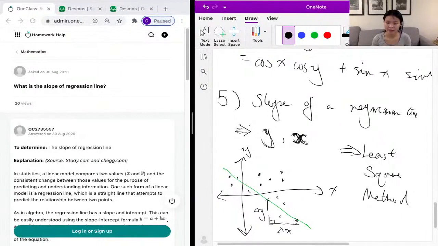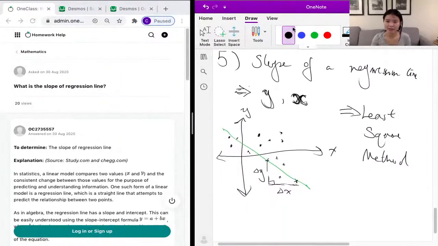Their slope explains the amount of changing y for a certain amount of changing x. So it projects the changing y given the amount of changing x. For example, if we have some new data point over here, and we know the value of x of this data point, but we don't know the value of y, and want to find the value of y, so y question mark, we know x.